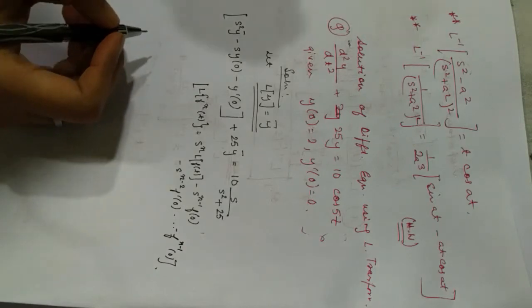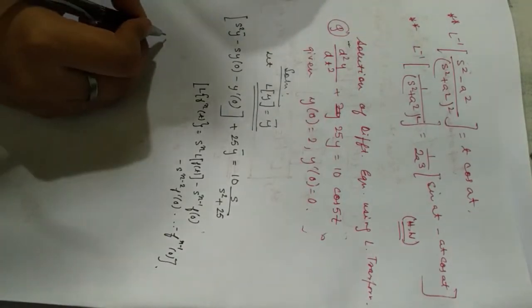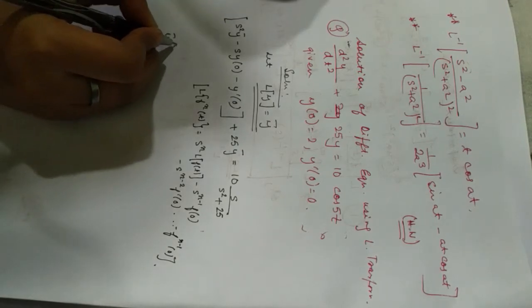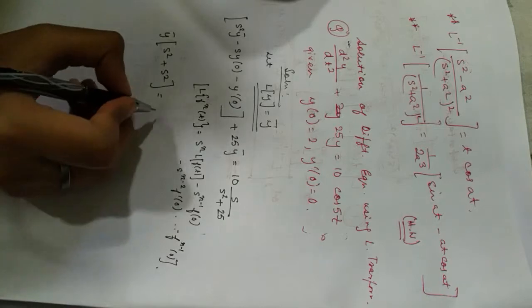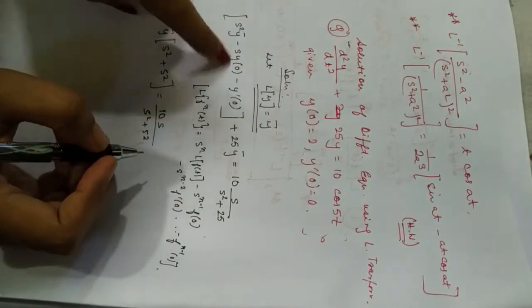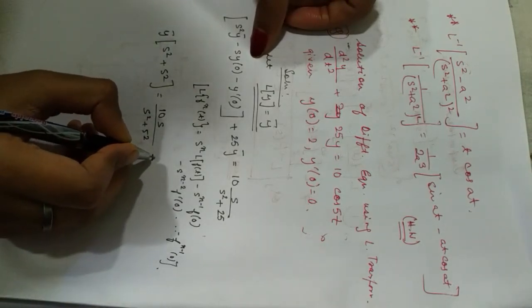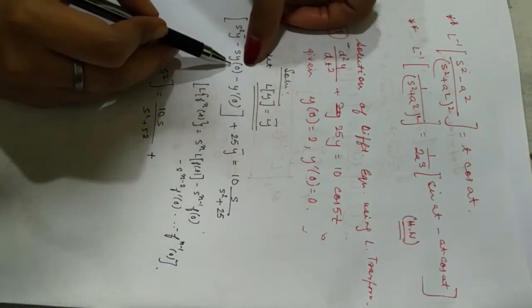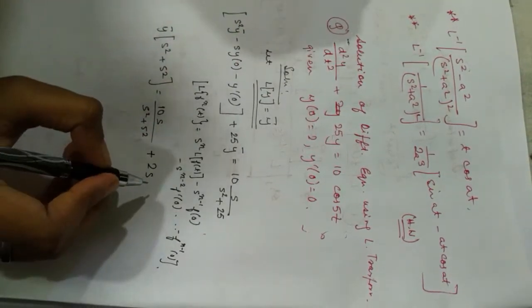Now we put in the initial conditions. Taking y bar common, (s square plus 5 square) y bar is equal to 10s divided by s square plus 5 square, and all these terms come to the right hand side. So we have plus, y0 is 2, so 2s, and y prime 0 is 0, so that automatically vanishes.